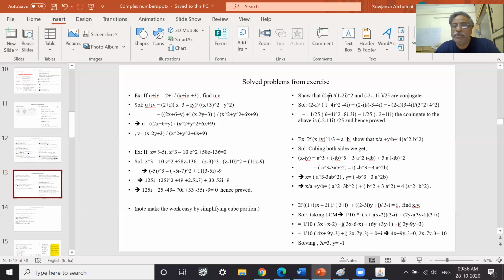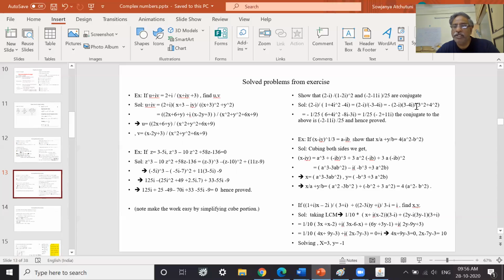Now show that 2 minus i by 1 minus 2i whole square is equal to a conjugate. That means I have to see this, minus 2 plus 11i by 25. I have to simplify this. So first I'm expanding, then 4i square is minus 4, so it's equal to minus 3 minus 4i.